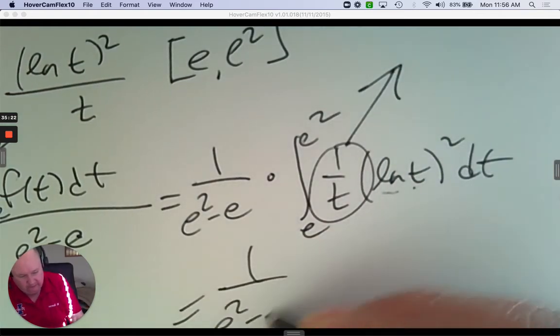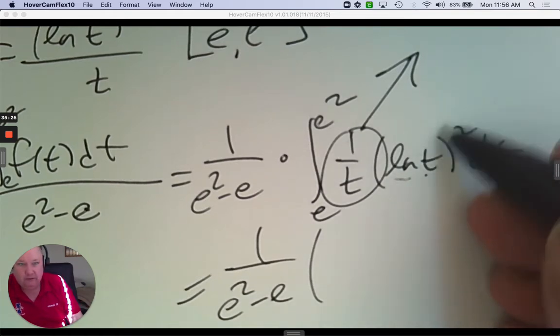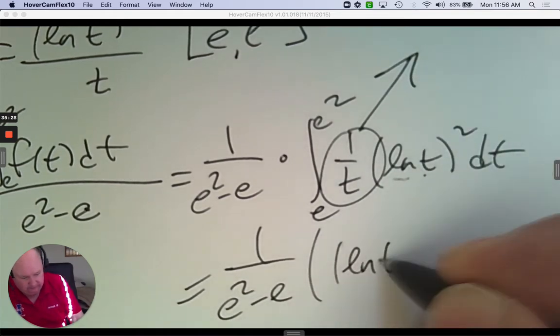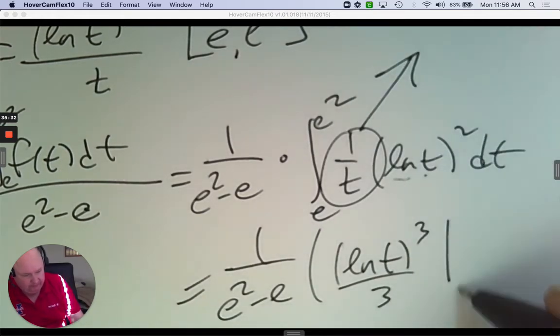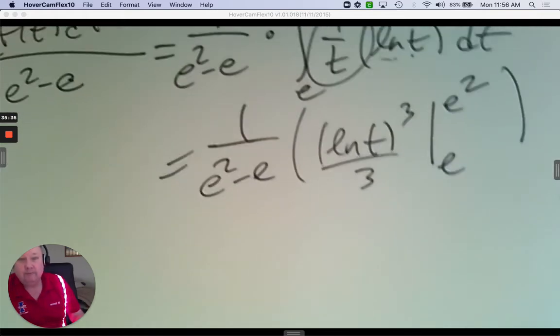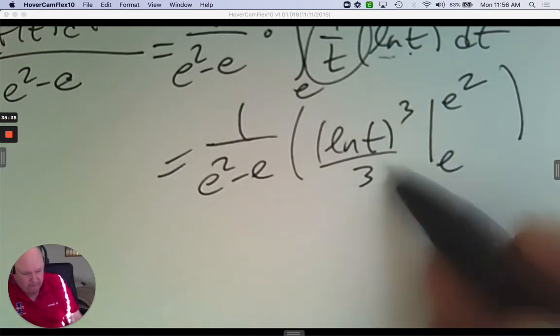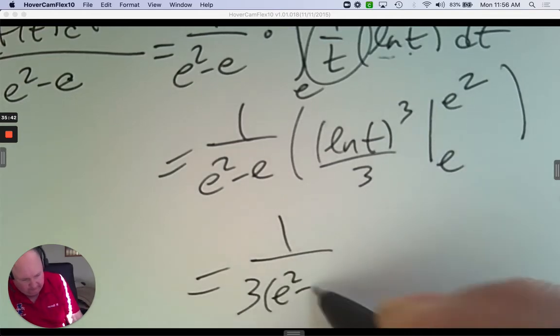I still have this in front. And then the rule is add 1 to the exponent and divide. I'm integrating from e to e squared. So this 3 in the denominator can join e squared minus e if you like.